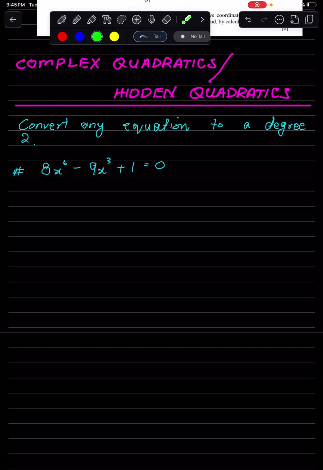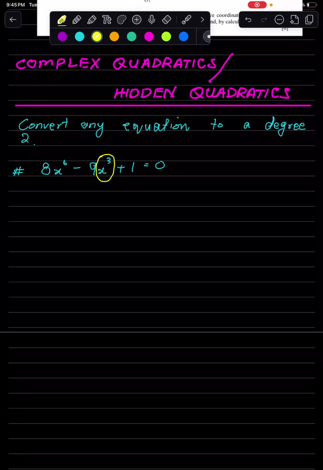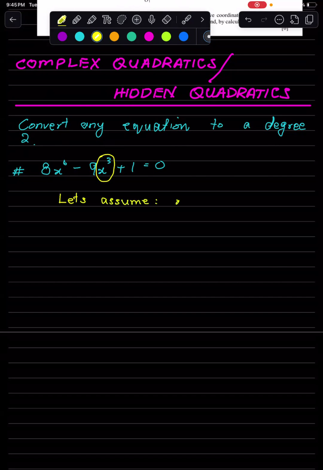So what we can do in that case is always consider the power that is the second highest, right? Let's assume x cubed is equal to u. Then x raised to power 6 can be written as x cubed whole to the power of 2, because according to the laws of indices, I can split them up.